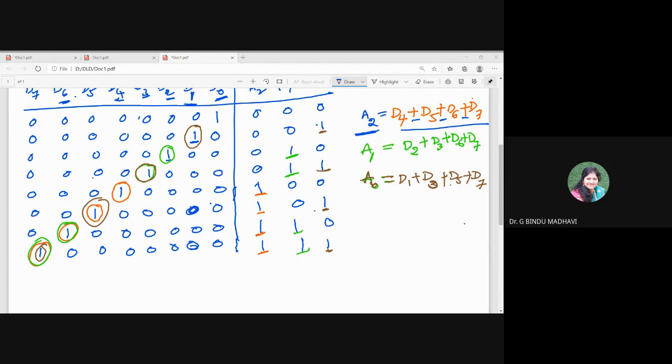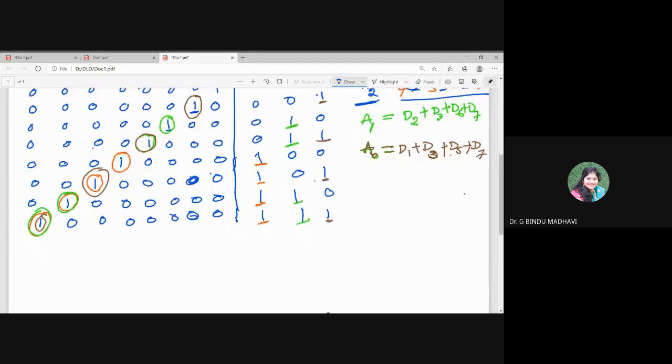OR gate. So D4 plus D5 plus D6 plus D7. If you perform OR operation of these four variables, then you will get the output A2.